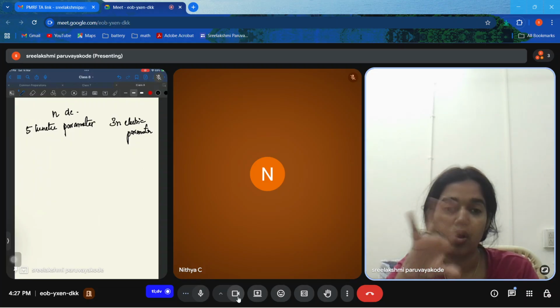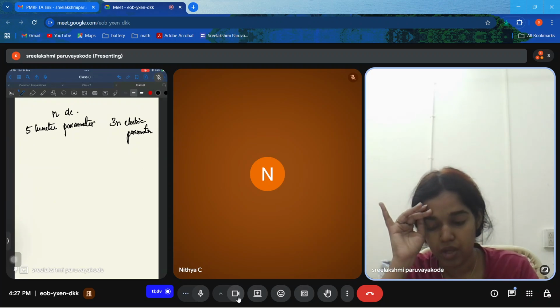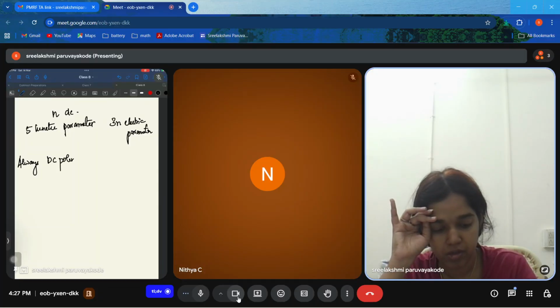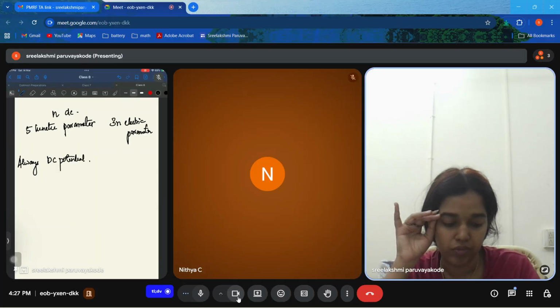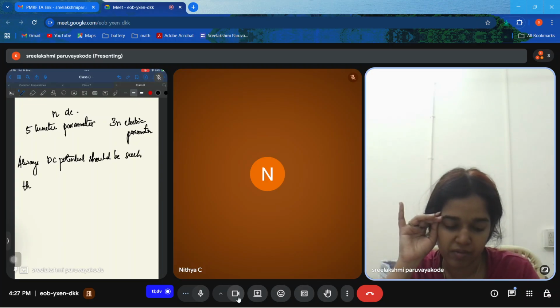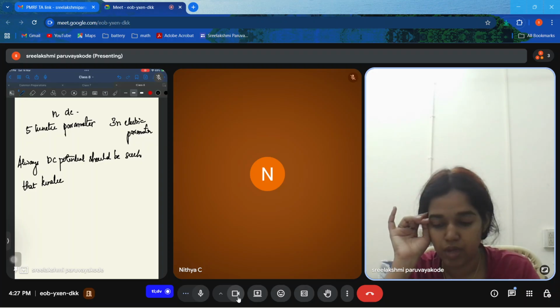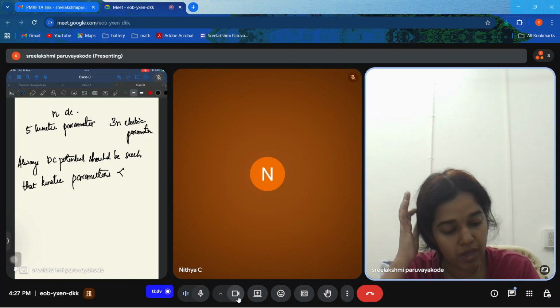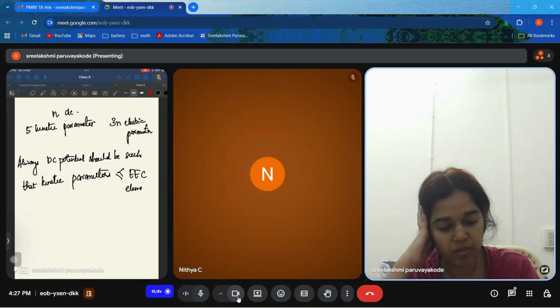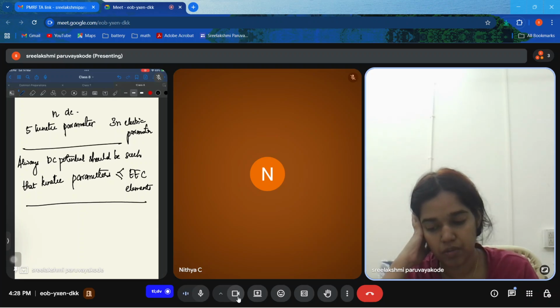Only then, for all the conditions, will it be able to fit. That is what makes sense. Else you will have an infinite number of solutions. So always the DC potentials should be such that the kinetic parameters are less than or equal to the equivalent electric circuit elements. This is what it means.